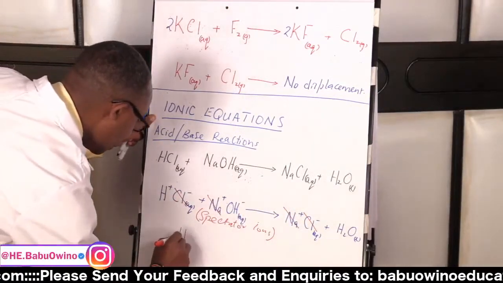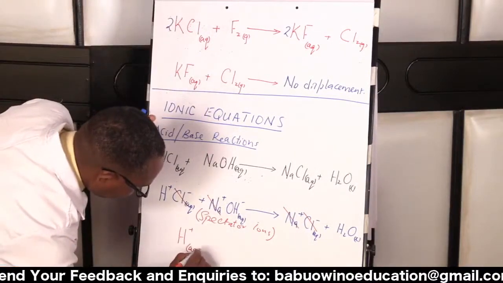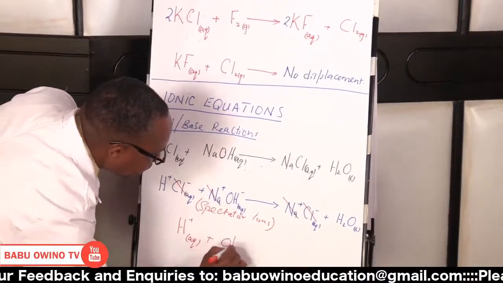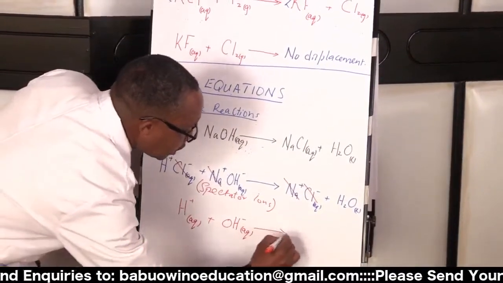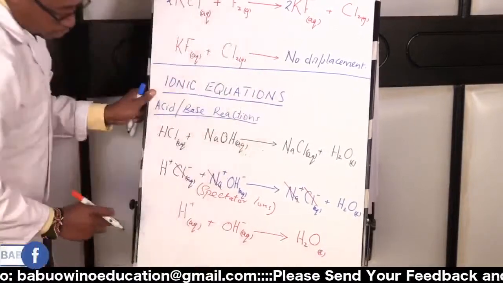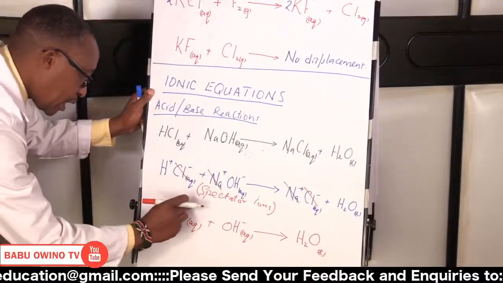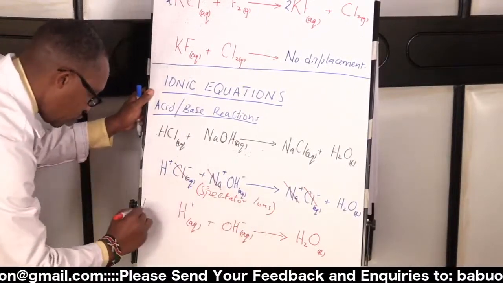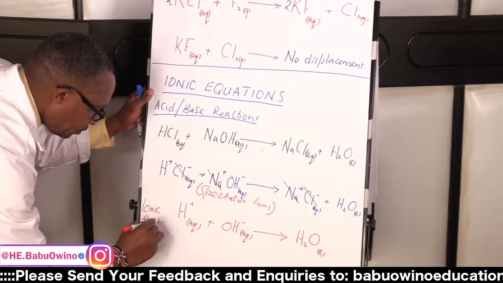So you take the hydrogen ion combining with the hydroxide ion, the non-spectating ions, and you get water as a molecule. Whatever has remained, with charges, is what we call the ionic equation.